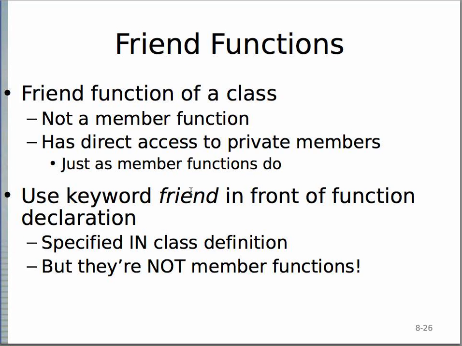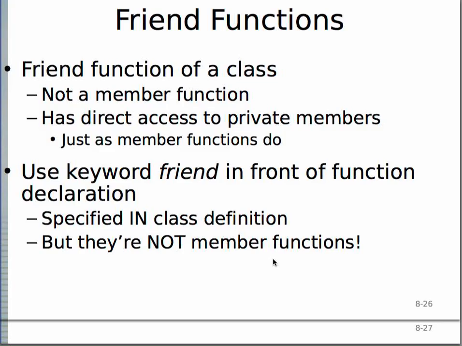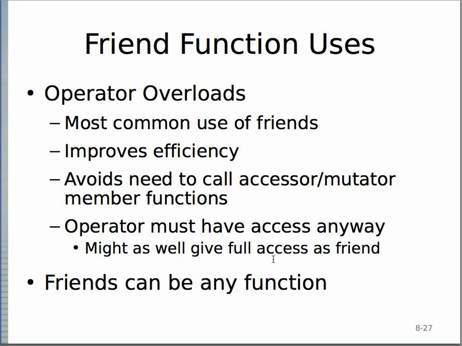So friend is actually a keyword. You can't say int friend, for example. That would not be allowed. Because it's a keyword in C++, we put that in front of the function declaration in the class definition. Even though they are not member functions, we say that a certain function can be a friend.